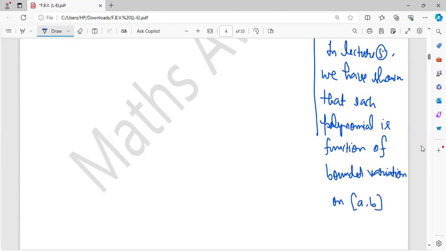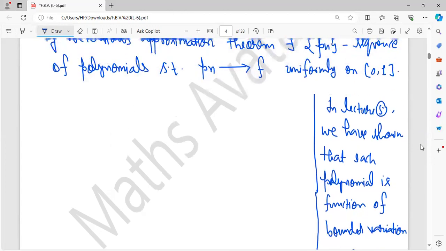You take any closed interval AB. Because polynomials are defined throughout the real line, if you restrict any polynomial to closed interval AB, then the polynomial is going to be a function of bounded variation.